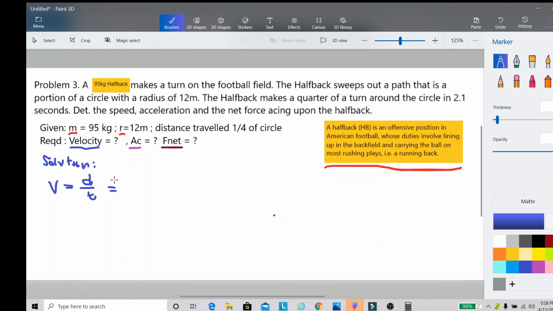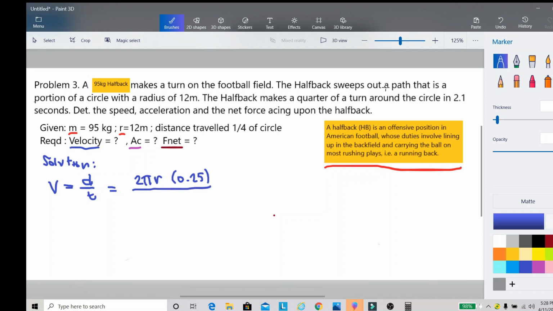The distance traveled by the halfback is one-fourth of the circumference of the circle. So that is 2 pi r, which is the circumference of the circle, divided by 4, or we can just multiply that by 0.25 because that is one-fourth.